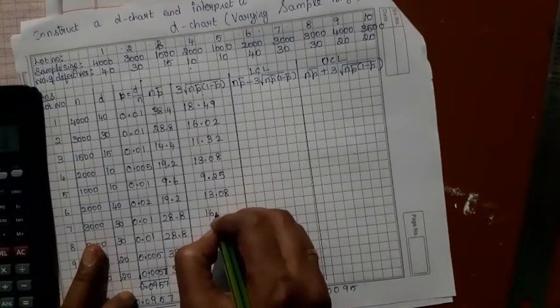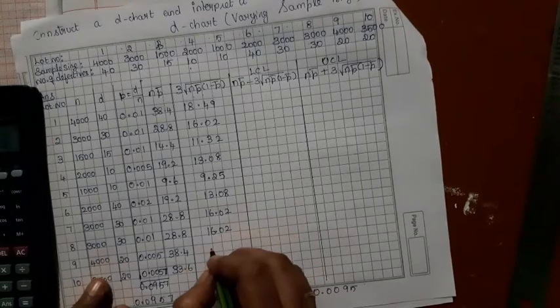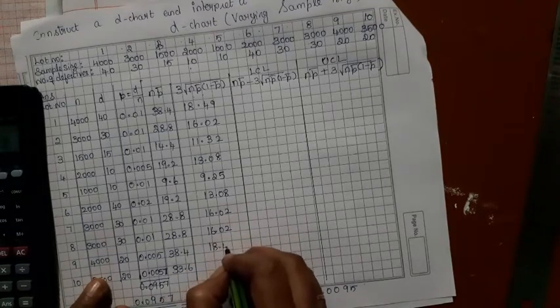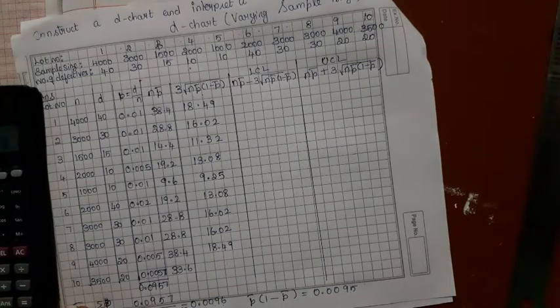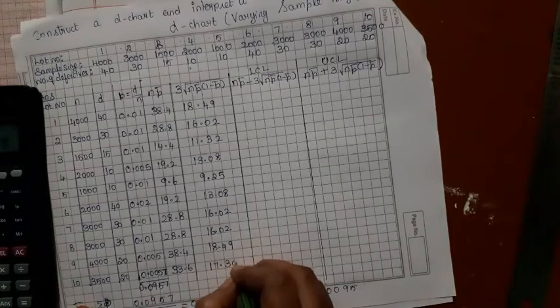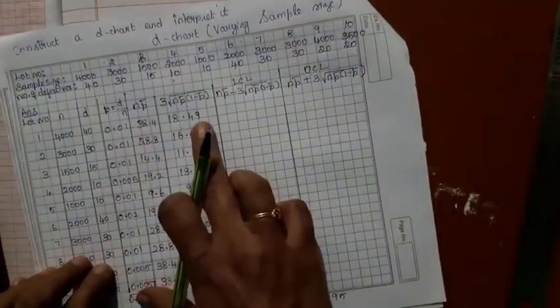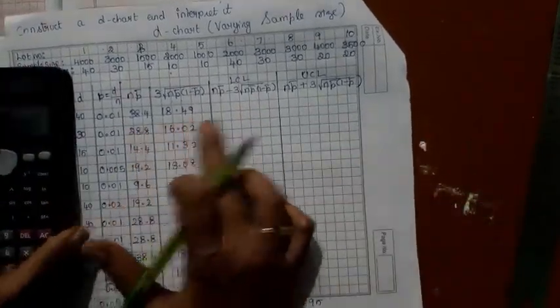For 3000 we have already computed, we can just write the values. And for 4000 it is 18.49. And for 3500 into 0.0095, take square root and multiply by 3, you get 17.30.